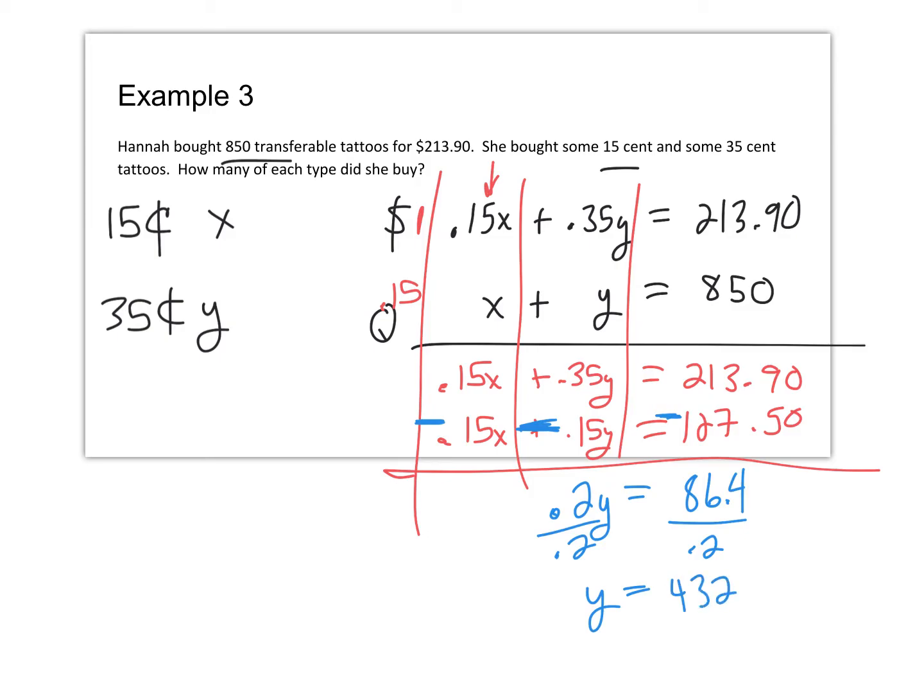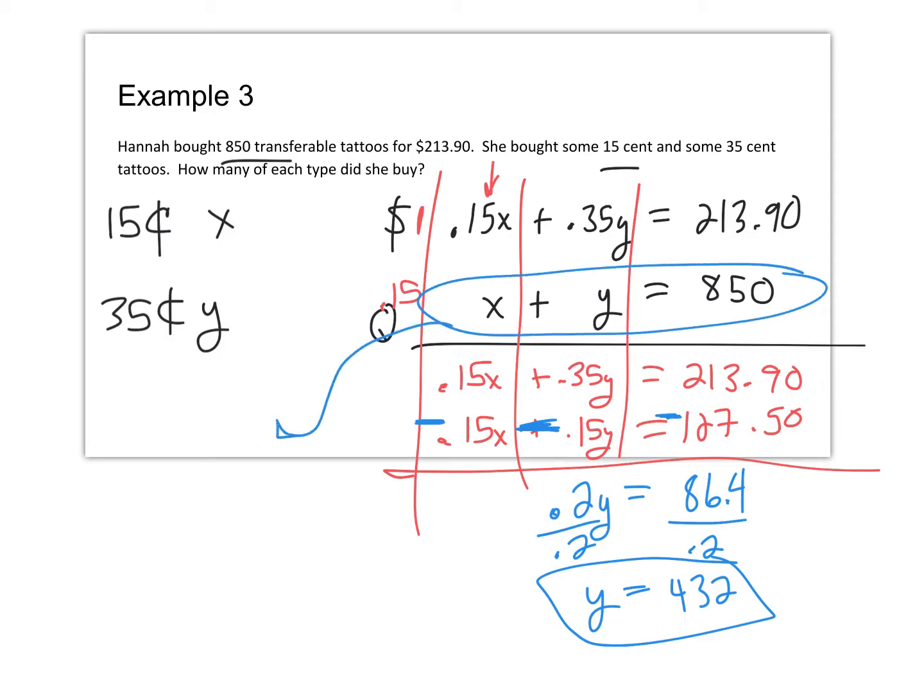Okay, so now that I have y, now I can go back and get x. So I'm going to pick this equation right here and bring it aside here. So I'm just going to substitute. So x plus 432 equals 850. Okay, I'm going to minus 432.